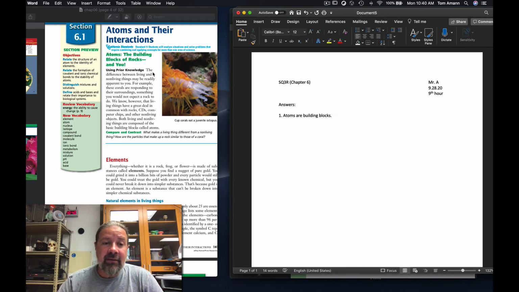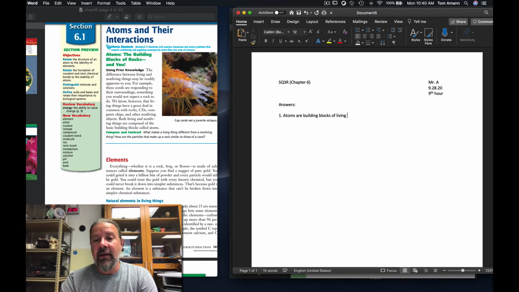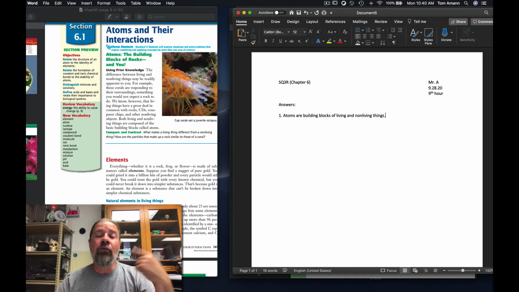Both living and non-living things are composed of the basic building blocks of atoms. Okay, so that did add to it. So it said atoms are building blocks of living and non-living things. Okay, and if I get even more information later, I can come back, revisit it, and do that one as well.